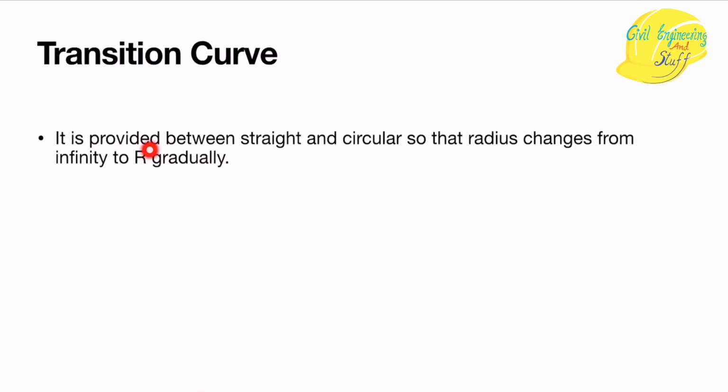So the transition curve is provided between straight and circular road so that the radius changes from infinity to R in a very gradual manner. So your straight road can be said to be a circle of infinite radius, right? So changing from infinity to R in a very gradual manner.